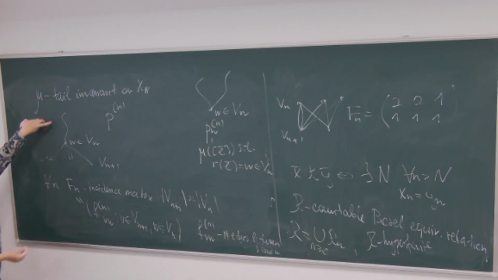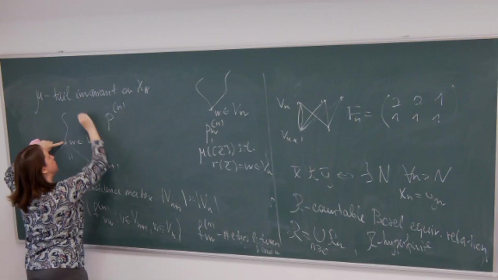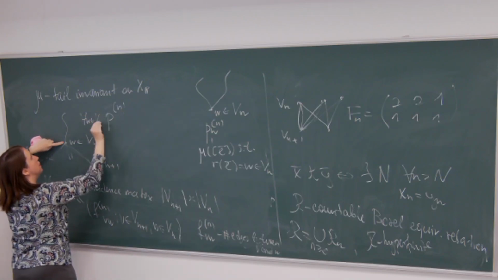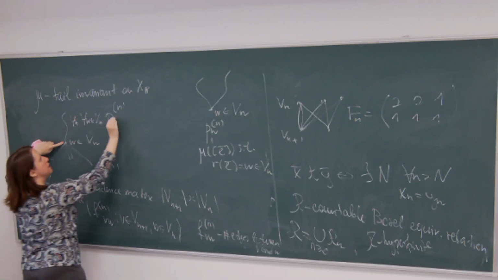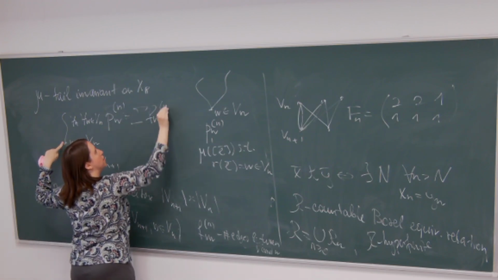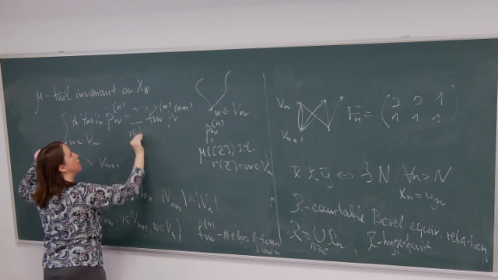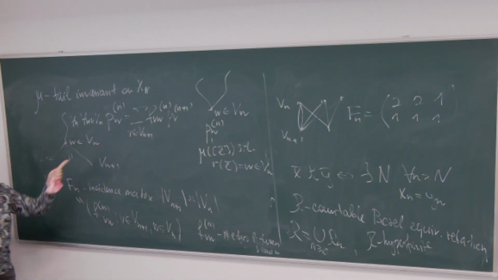And so, if we want to study invariant measures, they should be well defined, there should be consistency. So we can write that for every w in V_n and for every n, p_w^n is the sum of f_{v,w}^n p_v^{n+1} over all v in V_{n+1}.